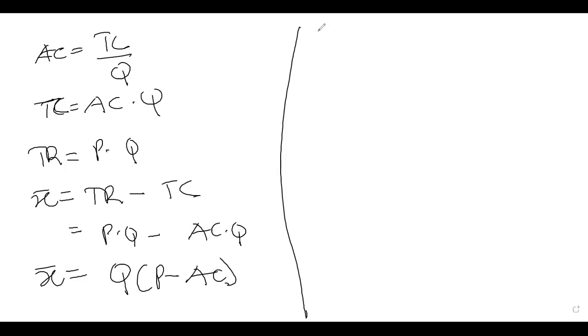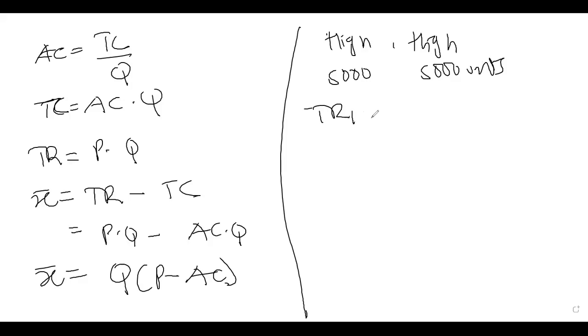Okay, so here, the question says that if they both set high, all of them will get 5,000 units each, okay? So the total revenue for firm one will be the high price of 10 cedis times the quantity of 5,000 units. And this will give us 50,000 cedis.